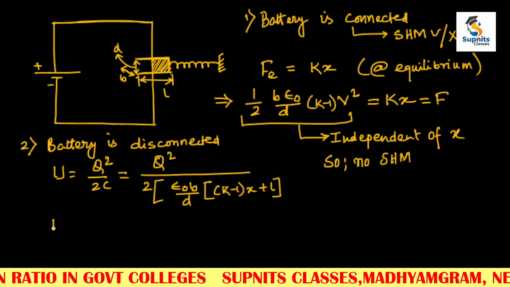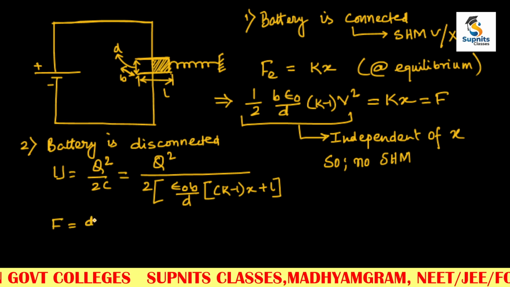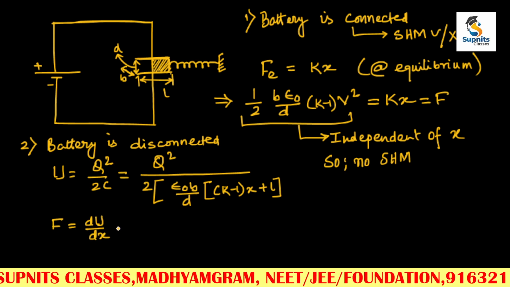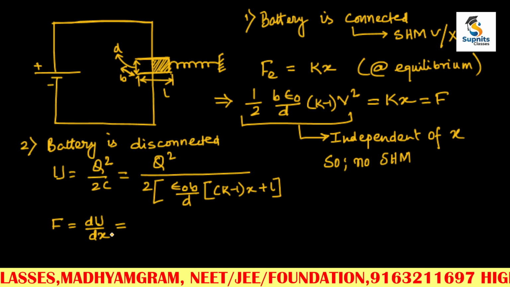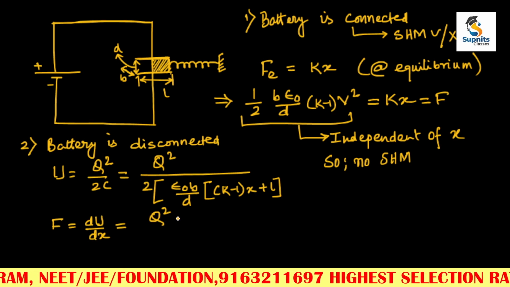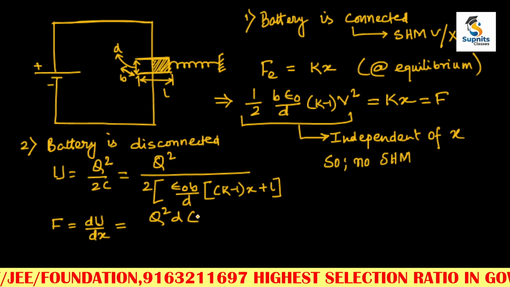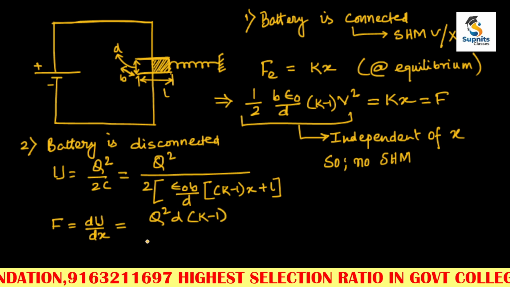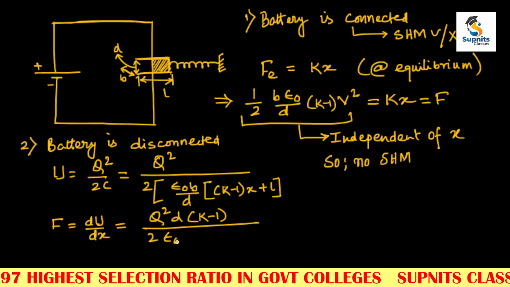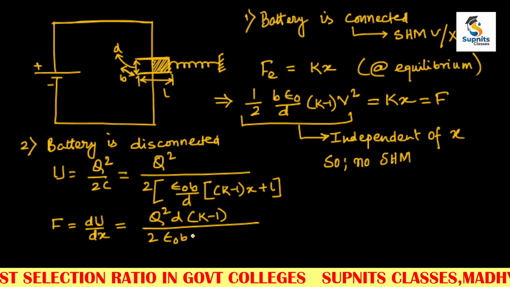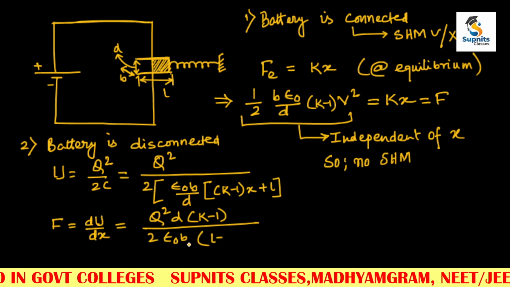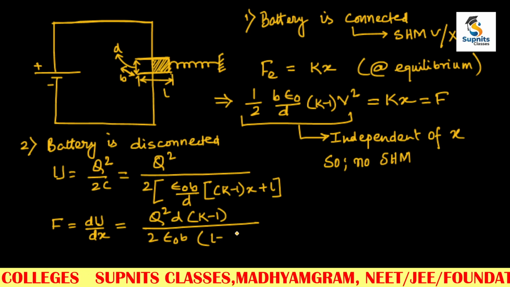Okay, so now what is F? F is dU by dx, which is equal to q square d k minus 1 over 2 epsilon b times L minus x plus kx, right?